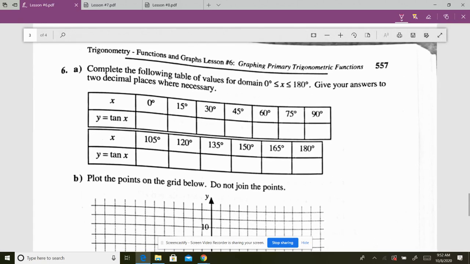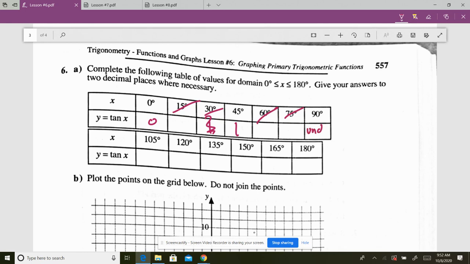All right, tan of 0, please. 0. Tan of, oh, we should do 45, actually. What's tan of 45? 1. There we go. Tan of 90.